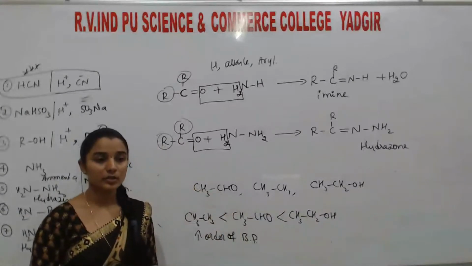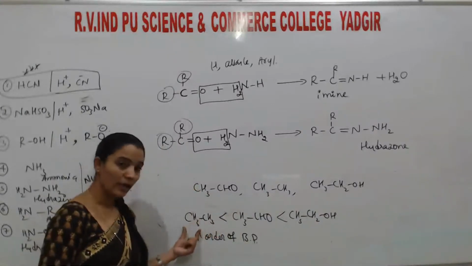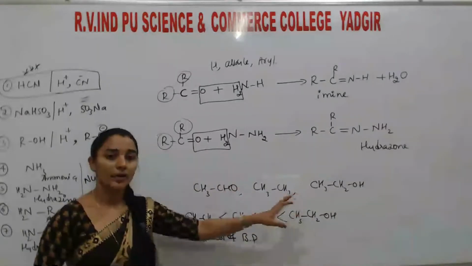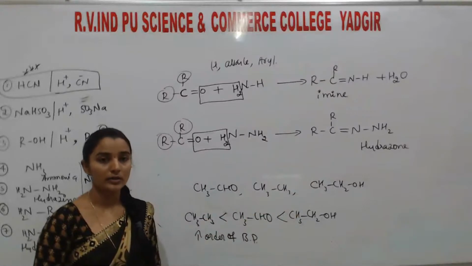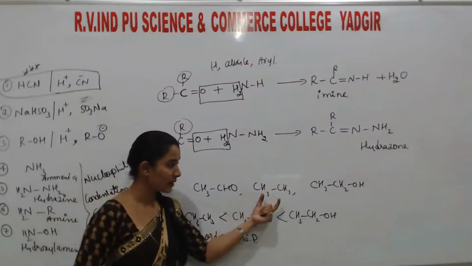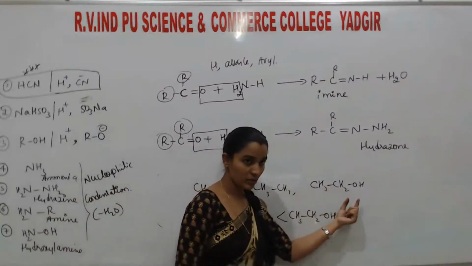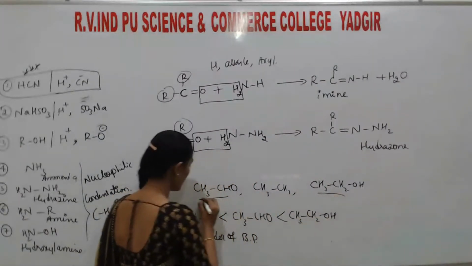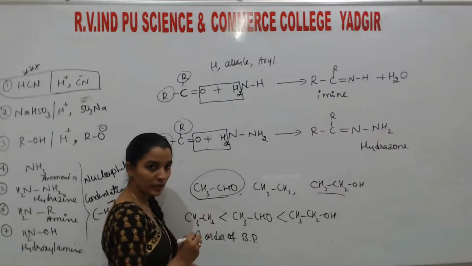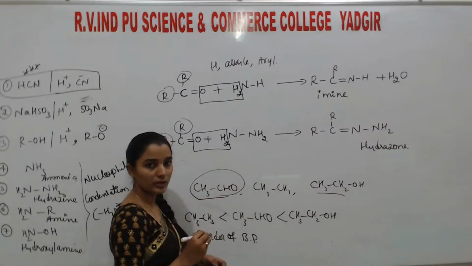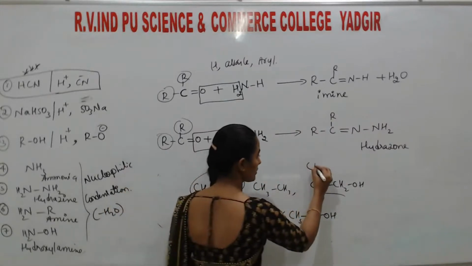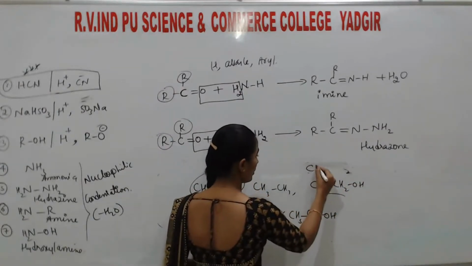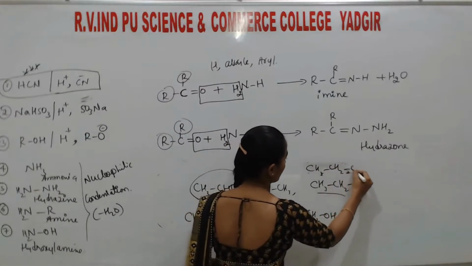Means aldehydes and ketones have greater boiling point than the respective hydrocarbons and less boiling point compared to the respective alcohols. If the parent chain has 2 carbon atoms, we have to take the alcohol with the same 2 carbon atoms, ethanol.